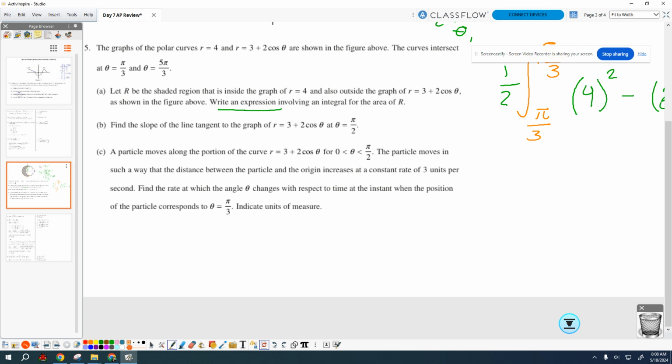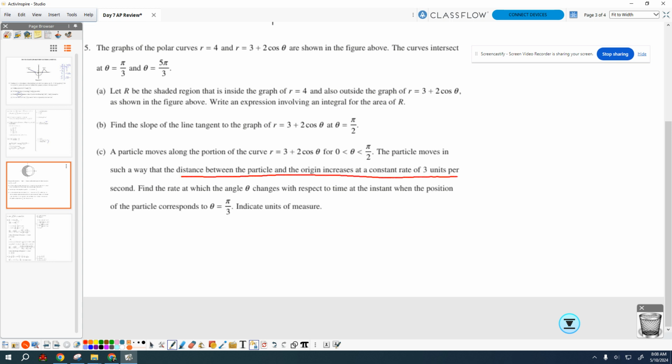Parse the words. What are they looking for? What did they give you? What is that? Hannah, what is it? dr/dt.